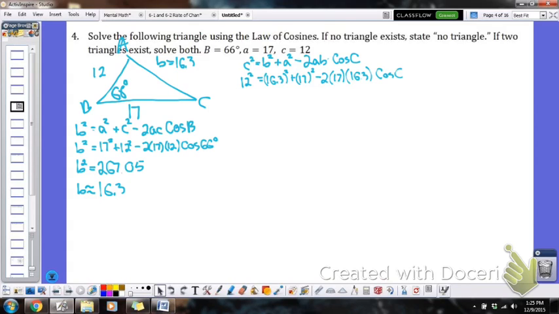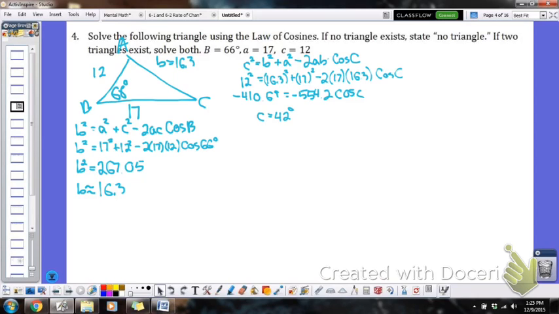So after some calculation and subtraction, I will get negative 410.69 equal to negative 554.2 times the cosine of c. Divide by negative 554.2 and take the inverse cosine of that, and you get c equal to 42 degrees.